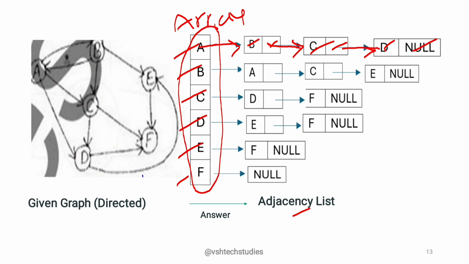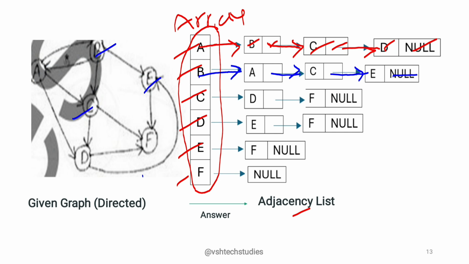Next, this procedure is repeated for node B. From B there are arrowed lines to A, C and E. So A, C, E. In B's memory location, the address of A is stored. In the memory location of node A, the address of C is stored. In the memory location of node C, the address of node E is stored, and the last one is stored with null.